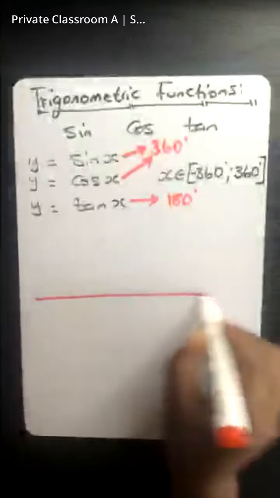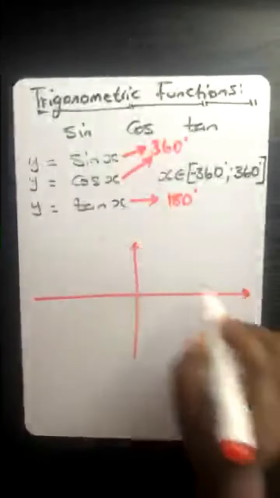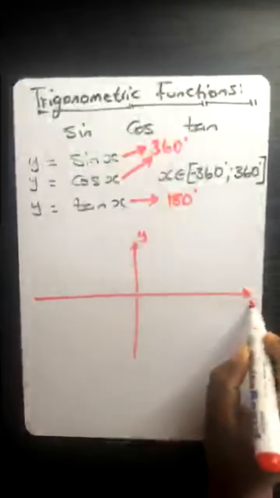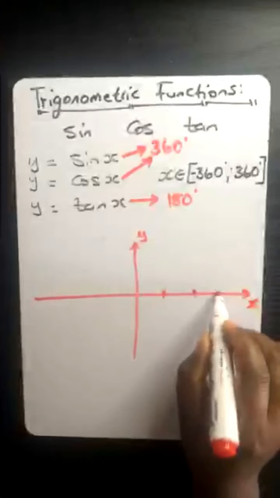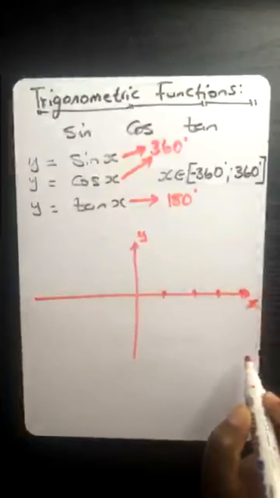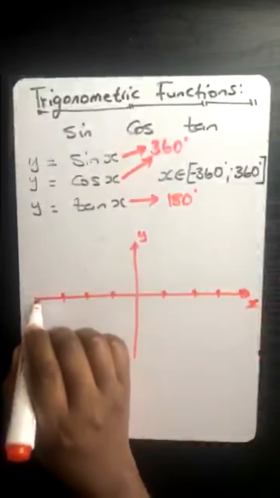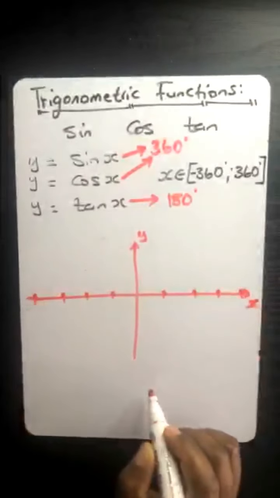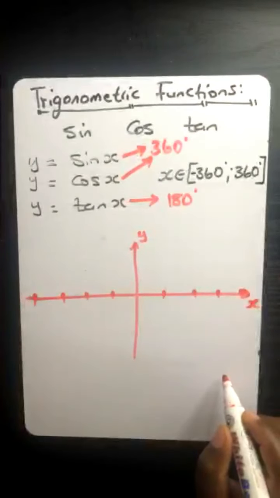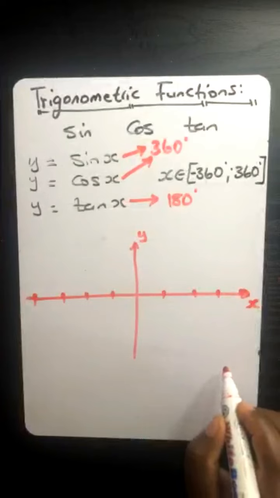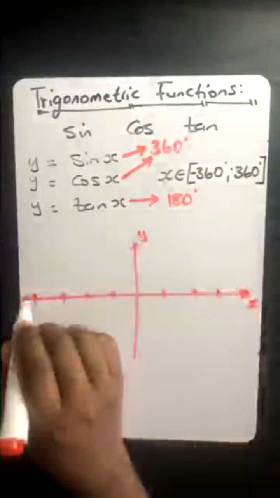Let's say we have a Cartesian plane, with y and x. Then we have 90, 180, 270, and 360, and negative 90, negative 180, negative 270, and negative 360. With regards to a circle, this is 0, 90, 180, 270, 360.